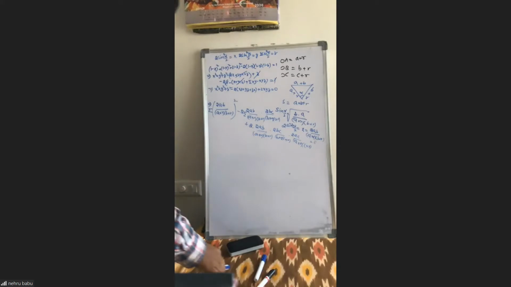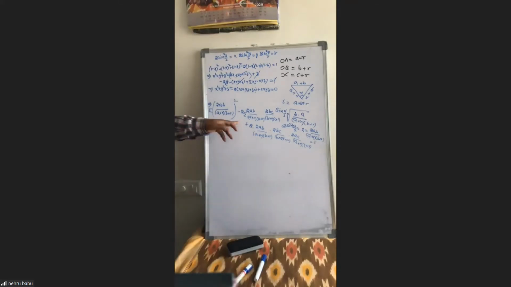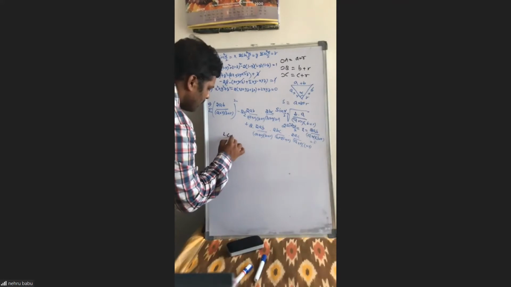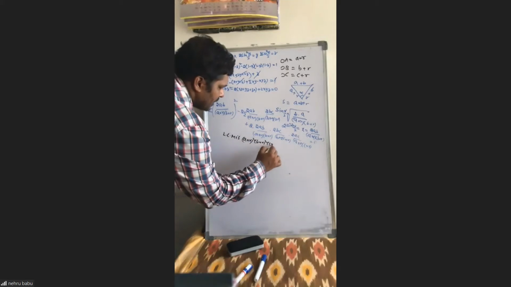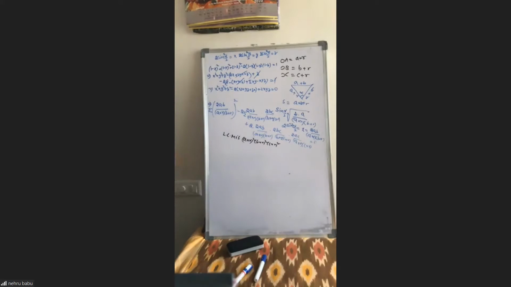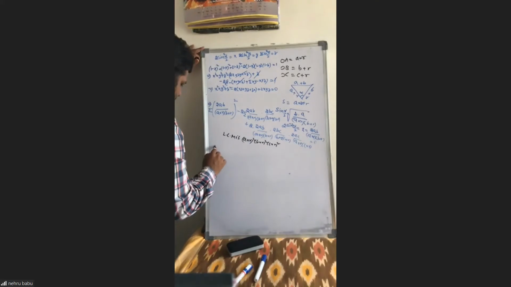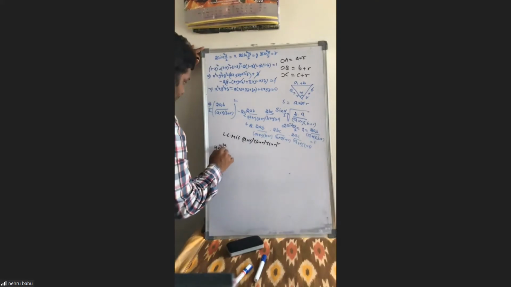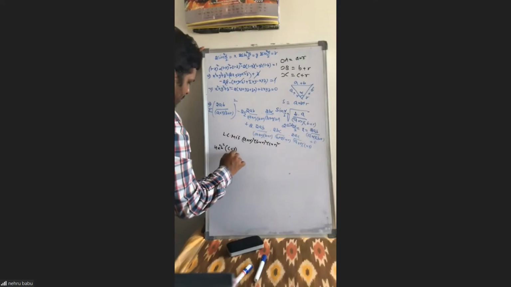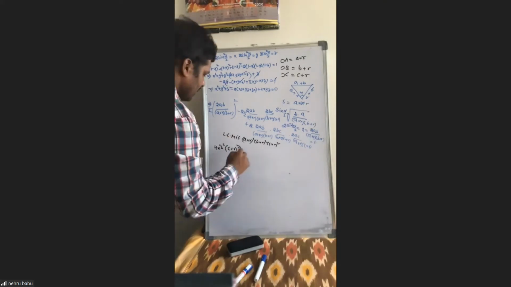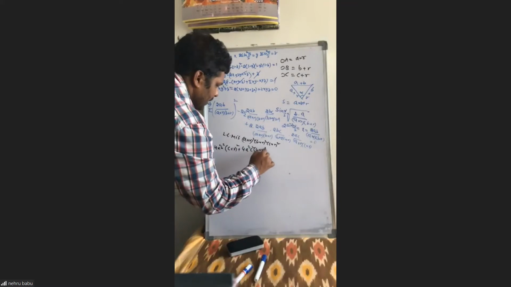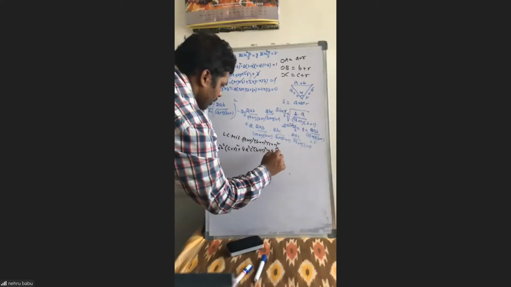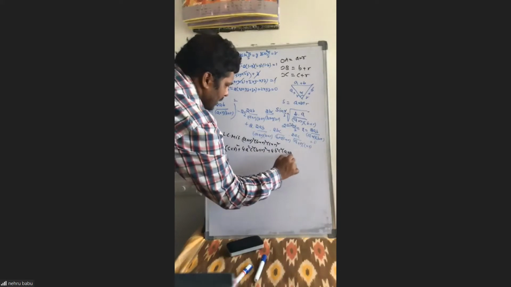So if you take the LCM, if you observe here, (a plus r) square, (b plus r) square, (c plus r) square is the LCM. So the LCM is (a plus r) whole square into (b plus r) whole square into (c plus r) whole square. If you simplify this, what you will get: this part is 4a square b square into (c plus r) whole square, plus 4a square c square into (b plus r) whole square, plus 4b square c square into (a plus r) whole square.